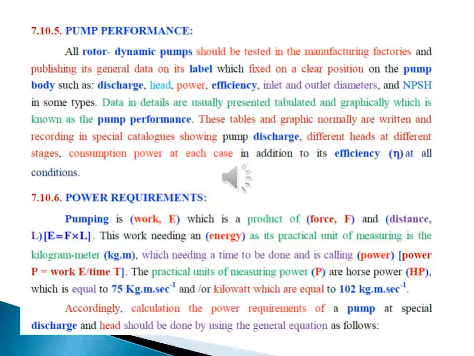This work needs energy, whose practical unit of measurement is kilogram-meter, and it needs time to be done, which is called power. The practical units of measuring power are horsepower, which is equal to 75 kilogram-meters per second, and kilowatt, which is equal to 102 kilogram-meters per second.